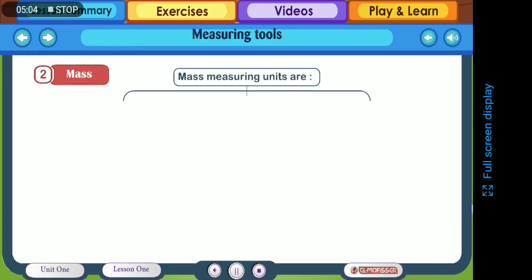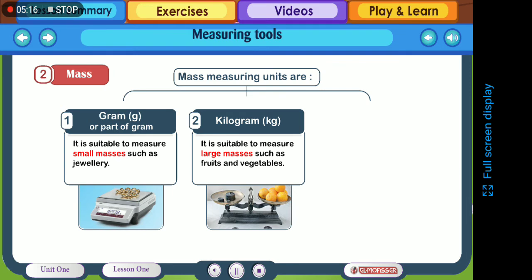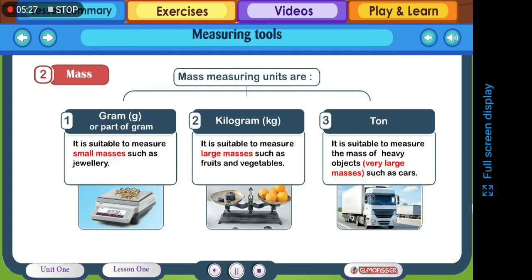Mass measuring units: gram, and its symbol is g, suitable to measure small mass such as jewelry. Kilogram, suitable for measuring large mass such as fruits and vegetables. And number 3, ton.